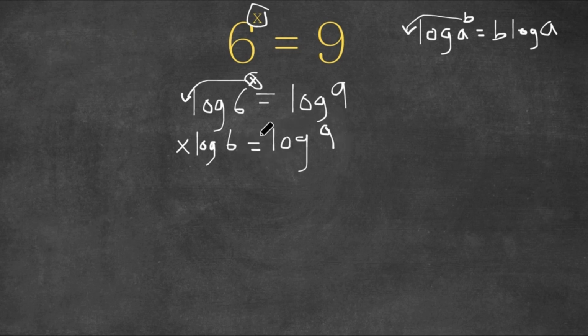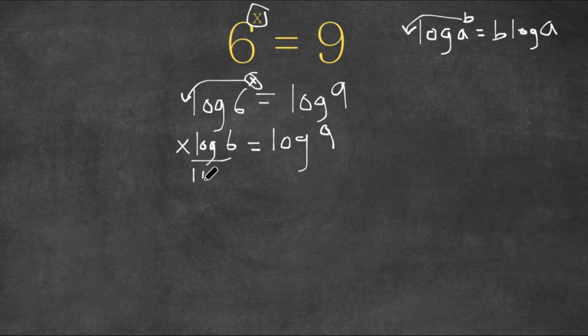All right, so now we've gone this far, and our only job now is we want to isolate our x. So to do that, we're going to have to divide by log 6 on both sides to get rid of log 6 on this side.